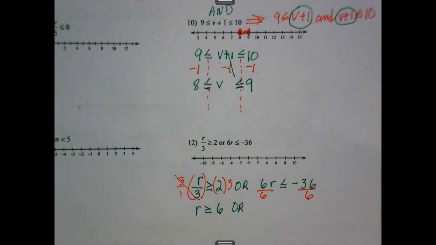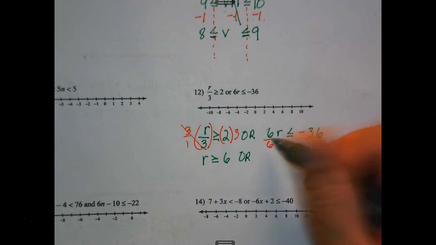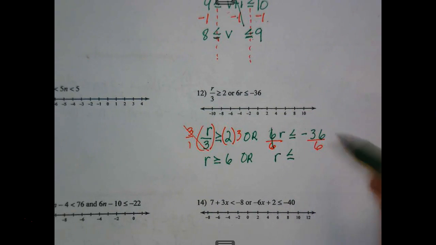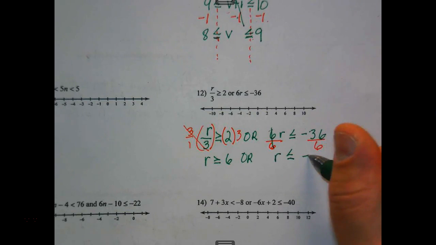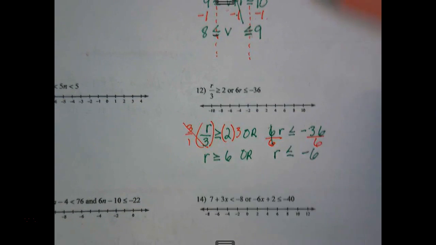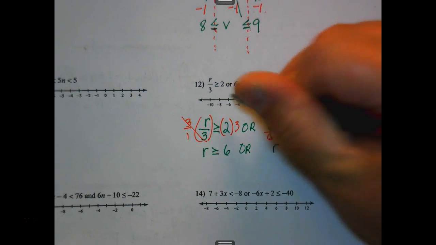I'm not going to flip the sign. My 6's cancel the 1. 1 times r is just r. Negative 36 divided by 6, negative 6. Both of them get a closed circle because of the equal sign. So negative 6.